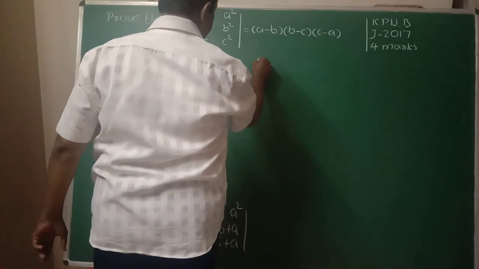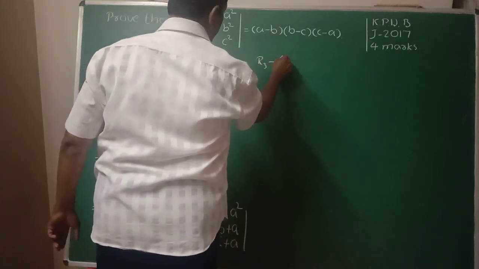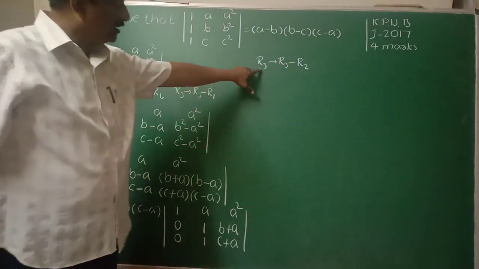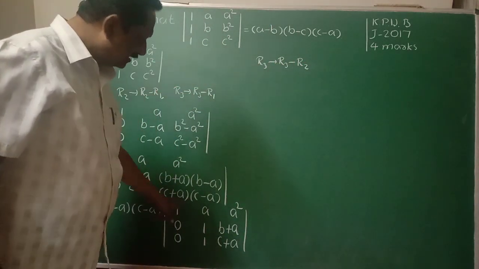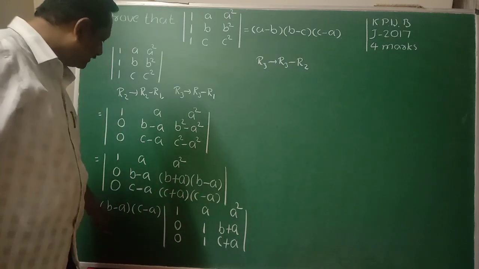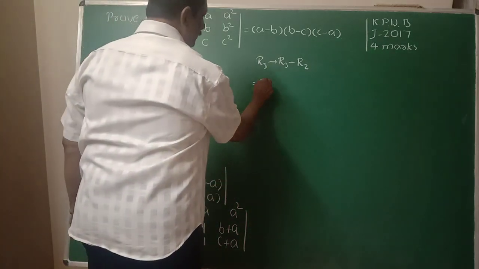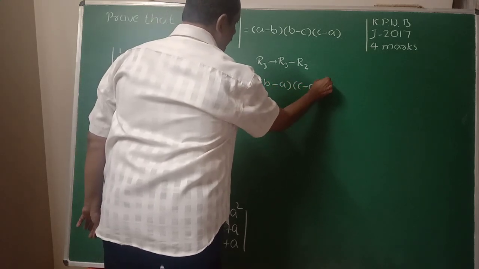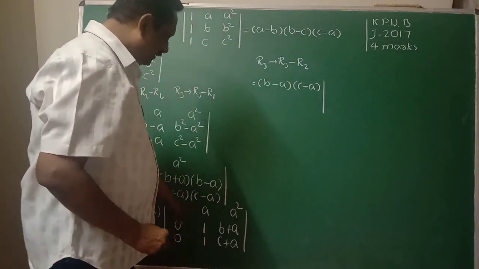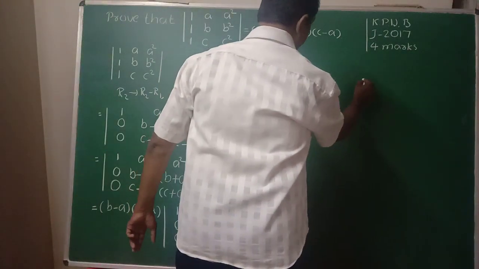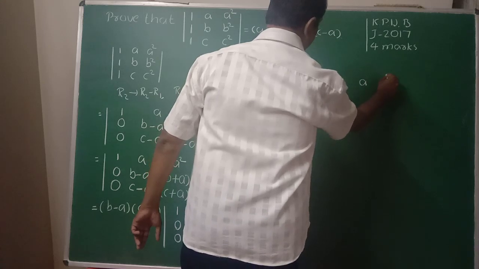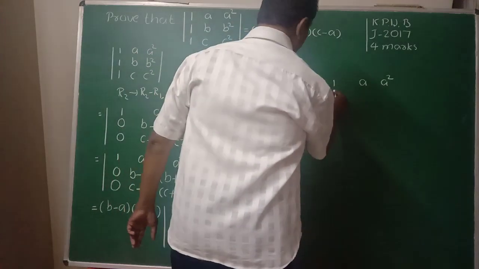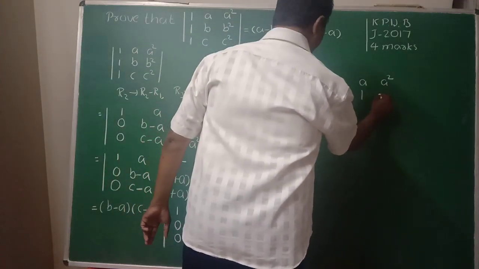This is the third row and this is the second row. So R3 gives R3 minus R2. Only the third row changes, so write the first and second rows as they are. b minus a into c minus a into the determinant of 1, a, a square, then 0, 1, b plus a.